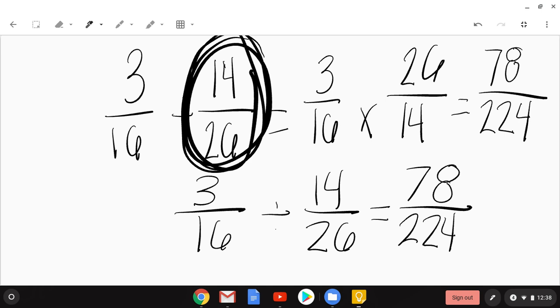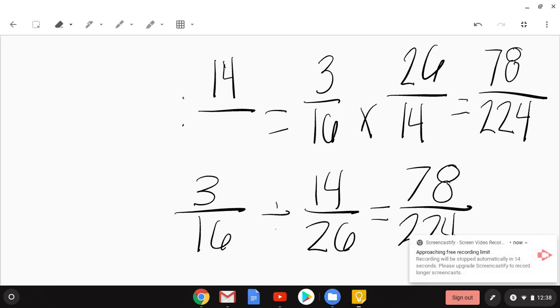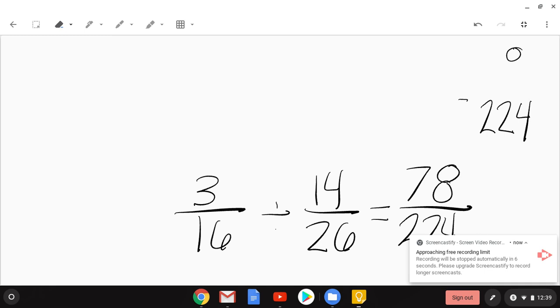So the main thing to remember is you can change your equation into a multiplication problem so that you know how to solve it. And you still do need to simplify your answers.